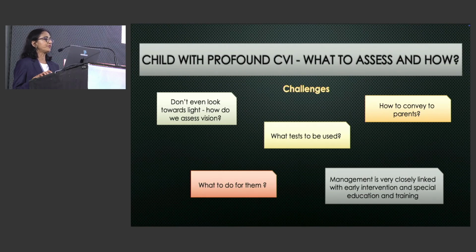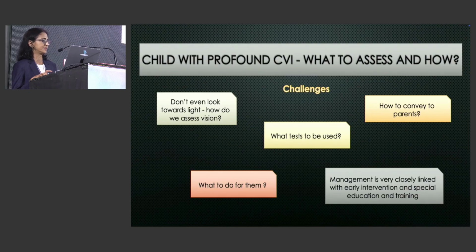So it is very difficult to assess these children because most of them are not very cooperative and they are very small. So how do we assess these children with profound CVI? What to assess and how? There are so many challenges we have to face because they don't even look towards the light.